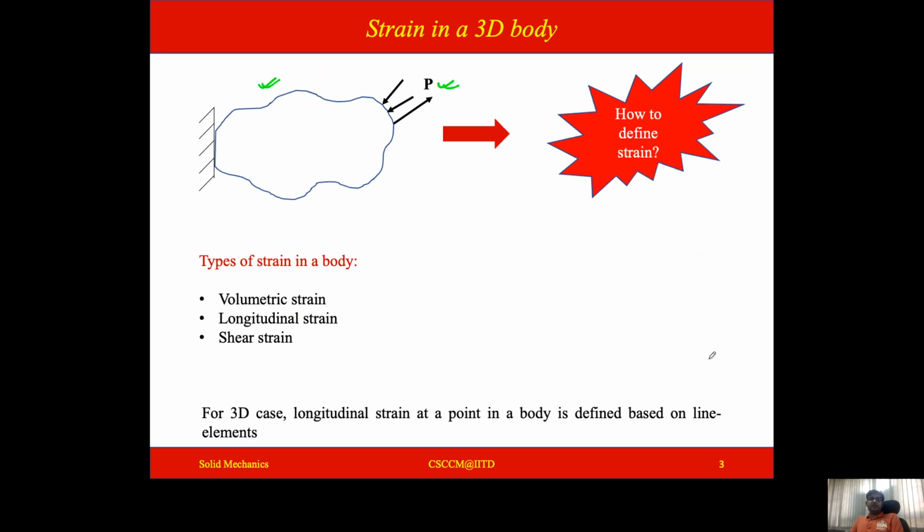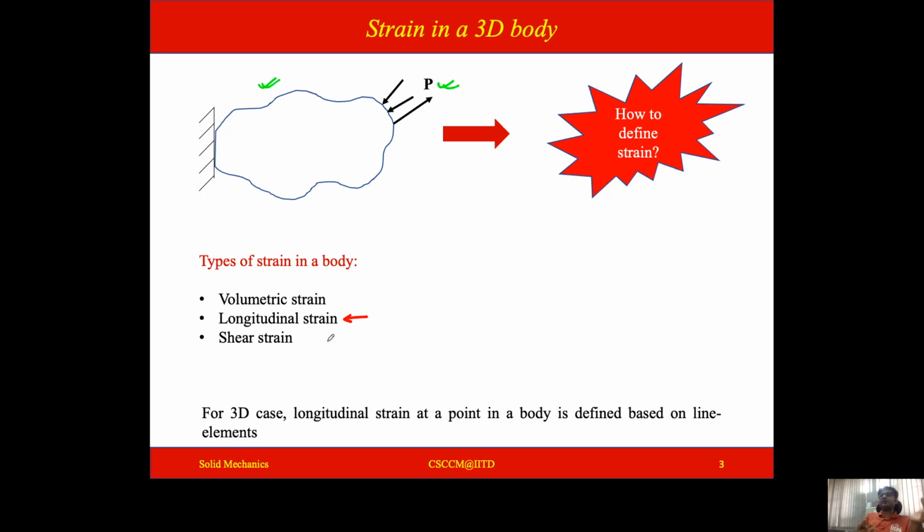Now there is one more thing that you need to remember, that we are talking about longitudinal strain. This is what we are talking about today. But there are other types of strain that exist in a body, and one such strain is volumetric strain. So this is something we'll talk about at the end, say for example, third lecture on strain. And then there is shear strain, and this shear strain we will be talking about just before talking about volumetric strain.